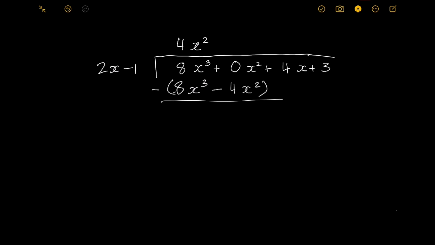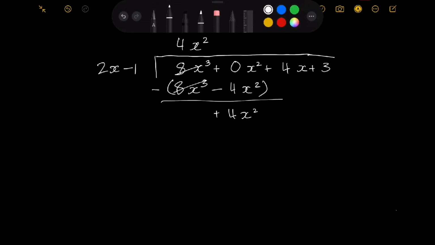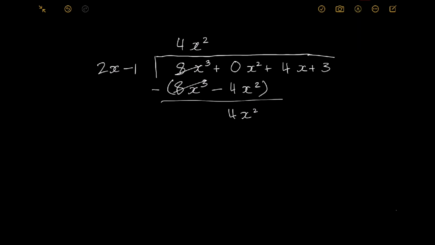Then we subtract the whole equation, and we're going to have positive 4x squared. We don't need to write down the positive actually, so erase it. Put the 4x at the bottom of it, so 4x squared plus 4x.